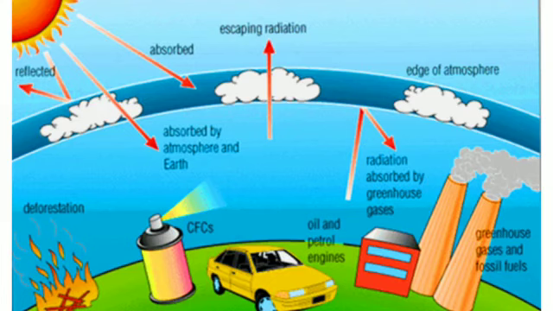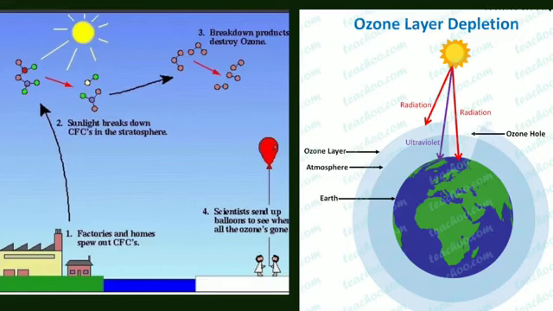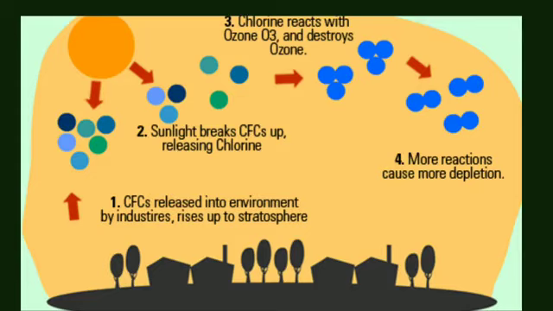When these CFCs, which are found in aerosols and in coolants of refrigerators, are released into the atmosphere, the CFC gas, through several chemical reactions, causes the ozone molecule to break down, thus reducing the absorbing capacity of the ozone. Other substances that can lead to ozone layer depletion are released from the byproducts of industrial processes and from refrigerators.